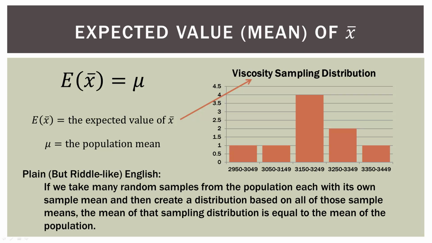So we take many samples, each with their own sample mean. Then we take those sample means, we create a distribution like this one here on the right, and then the mean of that sampling distribution is equal to the mean of the population. Okay? And that's the idea of a sampling distribution.